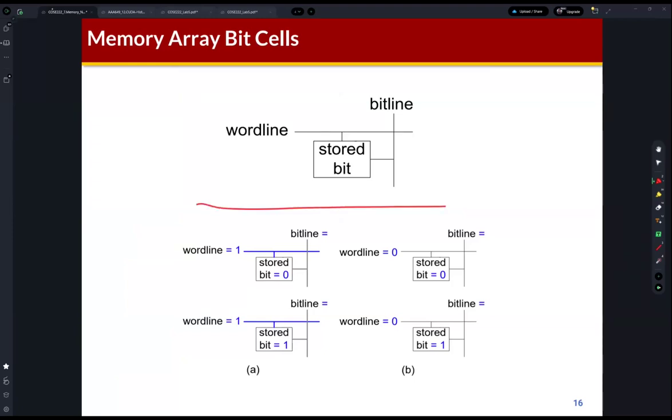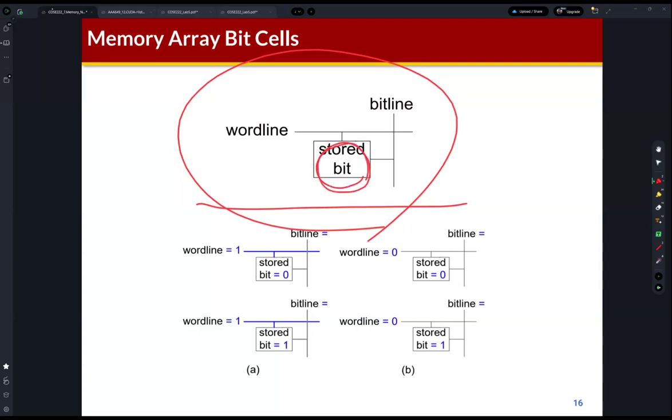This is the basic structure of physical memory. I mentioned that we can store bit data inside the memory. Most memory devices have this structure. The bit data is stored in this part, which is called the memory cell.